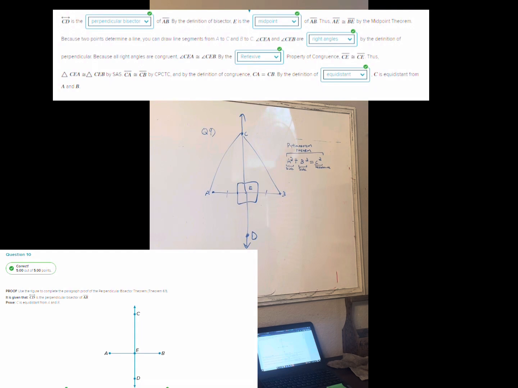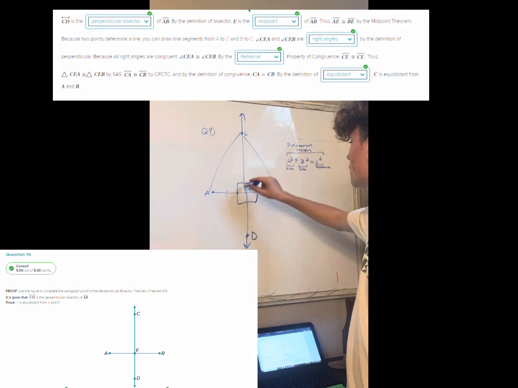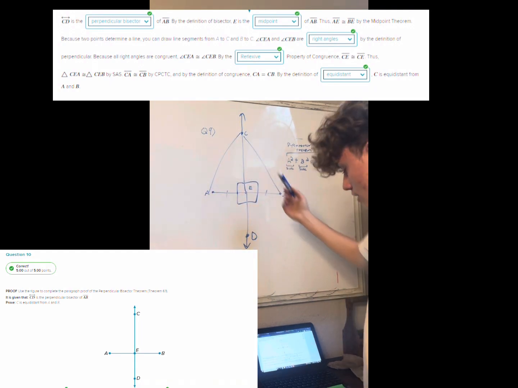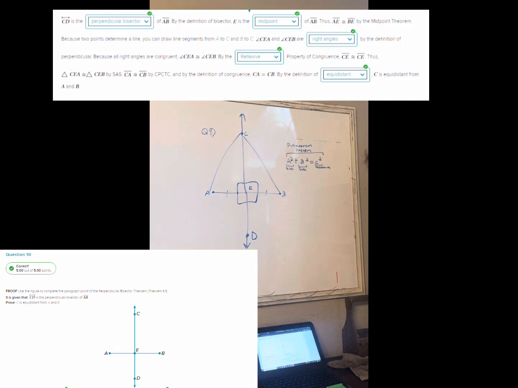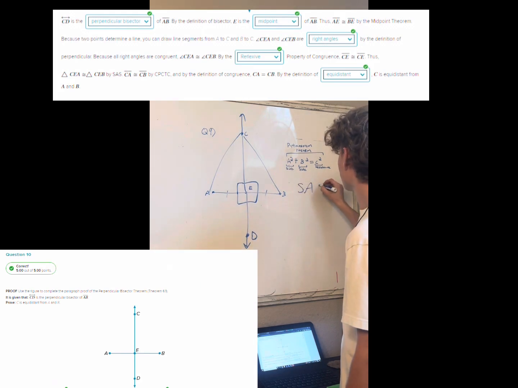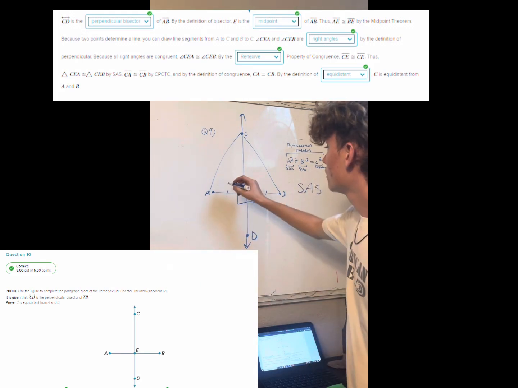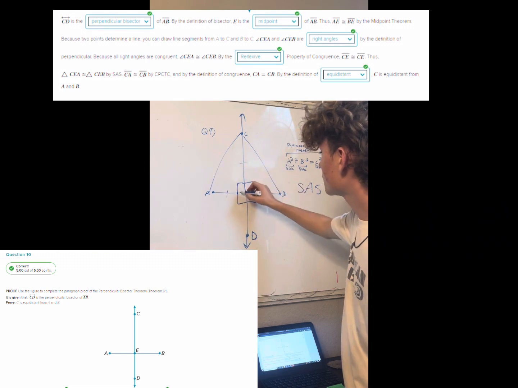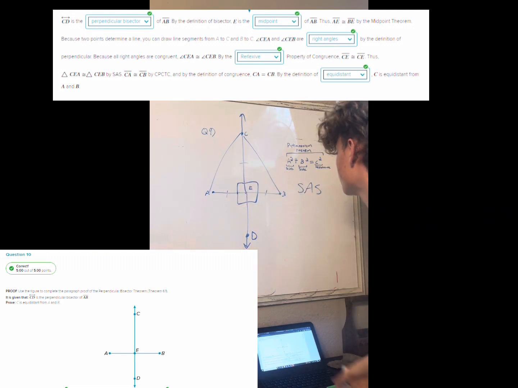Thus, CEA, which makes this our triangle, okay? And triangle CEB are both equal by SAS, which is side, angle, side. So that's where we've got two sides, which would be these two sides, and an angle here, which we know is a right angle. Okay?